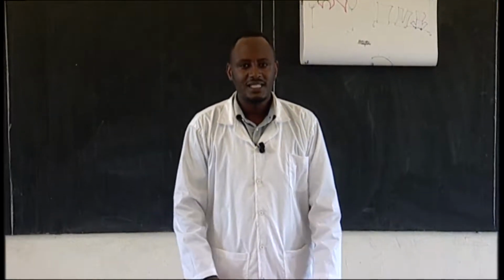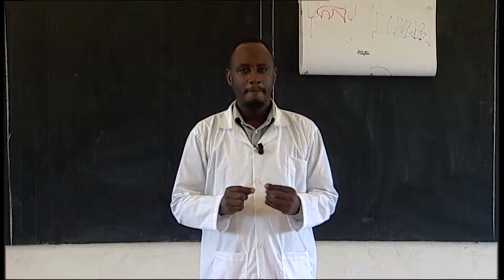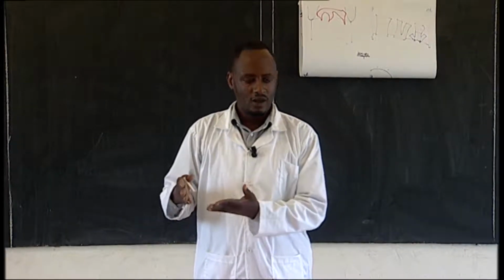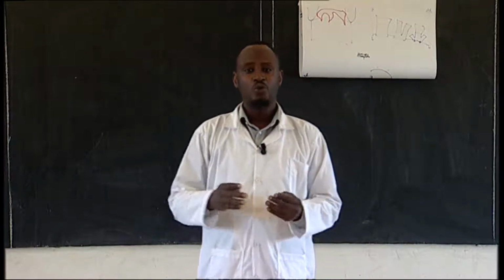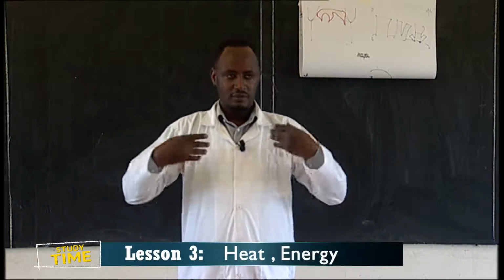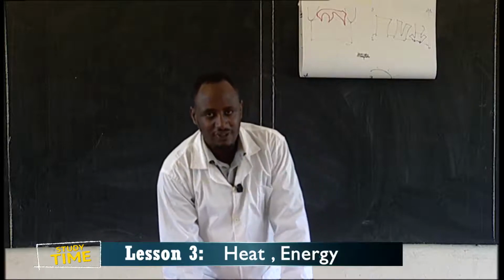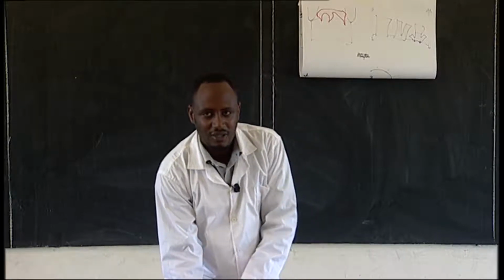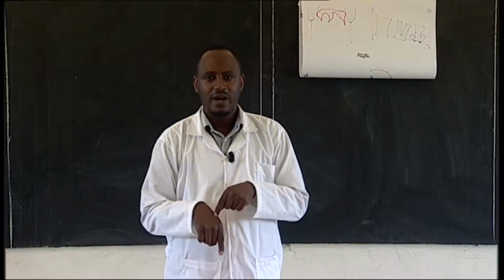We have to note that heat moves from a hot area or hot objects to cold objects. For example, if I touch this table, this table has a different temperature from mine.